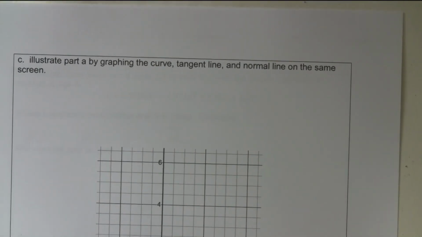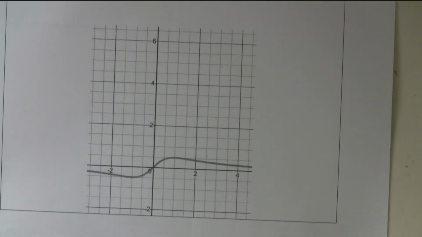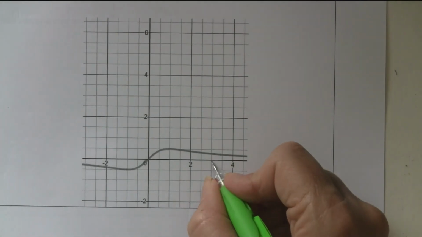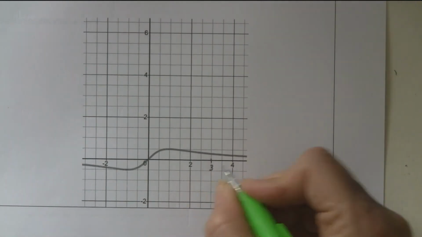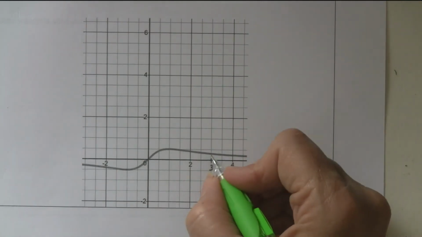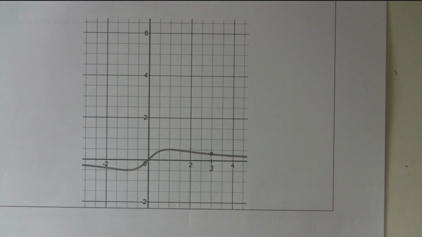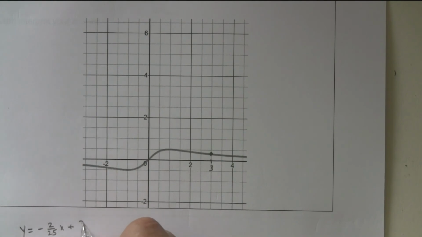And then they wanted me to illustrate part A by graphing the curve, the tangent line, the normal line on the same screen. And so I've given you from Desmos this, and I'm going to graph the tangent line. So we're here at 3. And so right here, I'm going to draw the tangent line in there. Now my tangent line was y equals -2 over 25x plus 27 over 50.